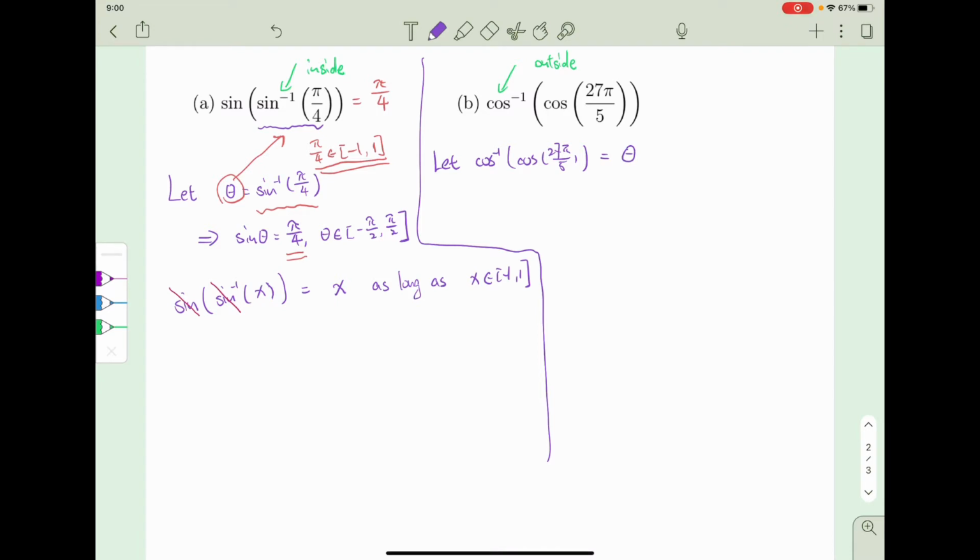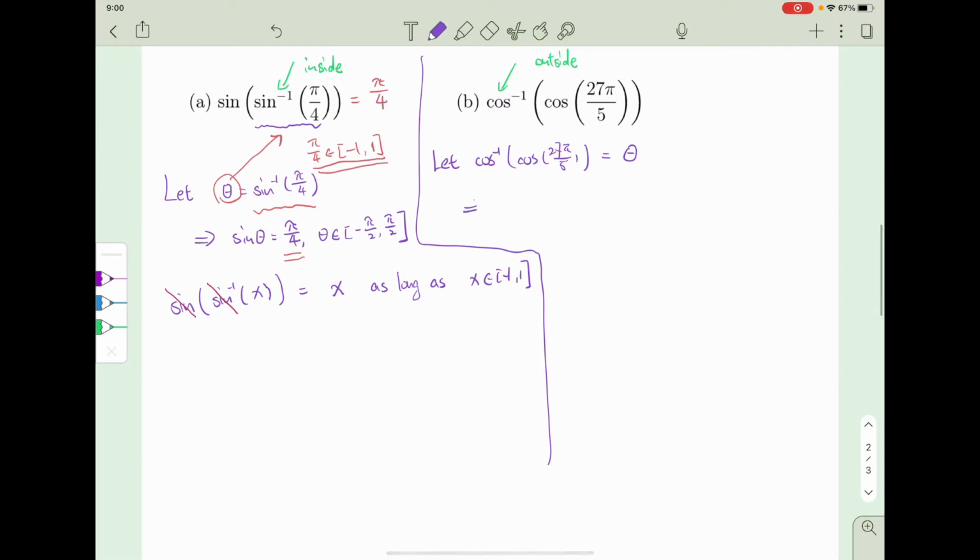And by our definition, cos theta is equal to cos 27 pi over 5. And theta is the unique angle selected from this interval from 0 to pi, according to the definition of the inverse of the cosine function.